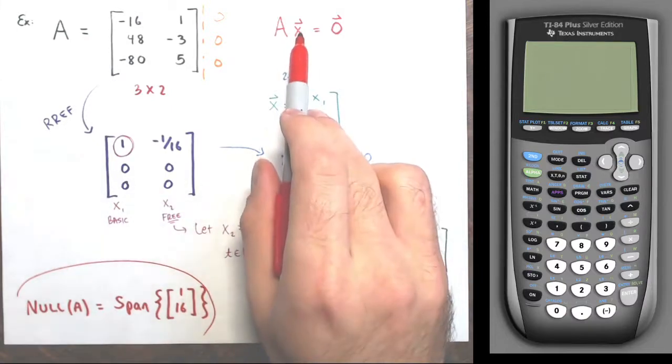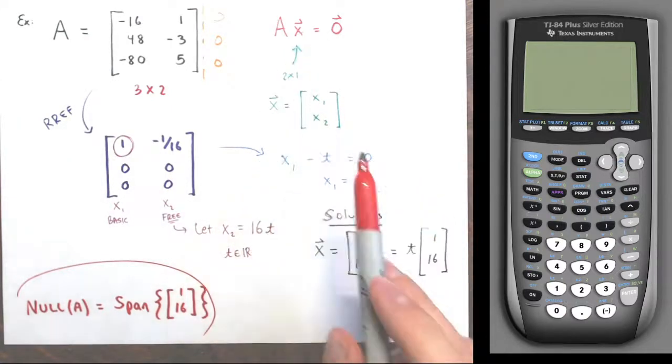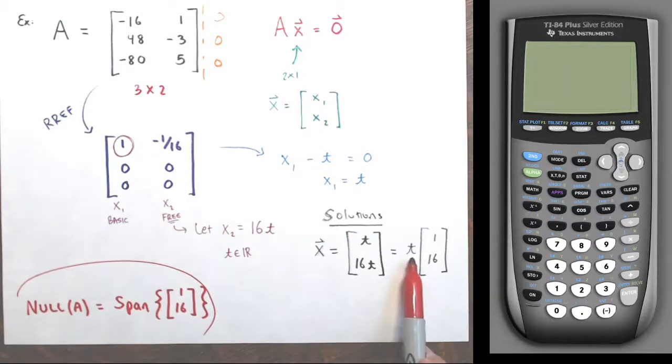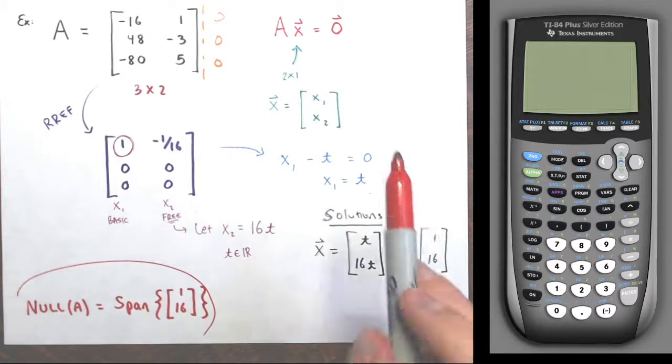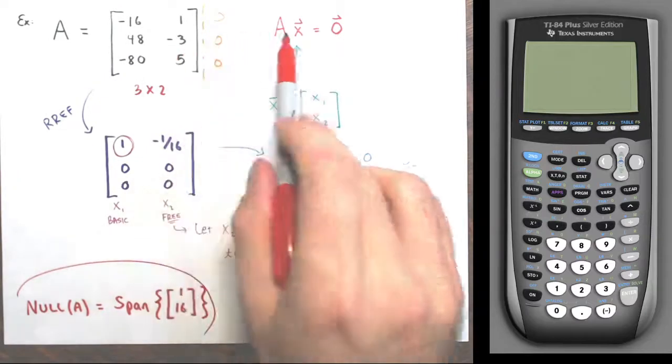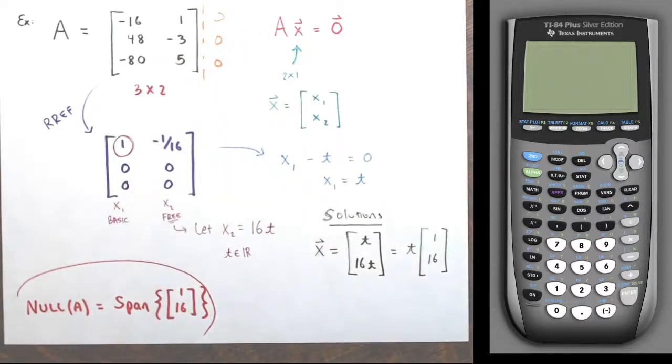You can try it out on your own. Just replace t with any number you want: 1/2, 3/4, -5, 1,000,000, and then multiply by (1, 16) here. Plug it in, multiply by matrix A, and you'll get the 0 vector back. I promise you.